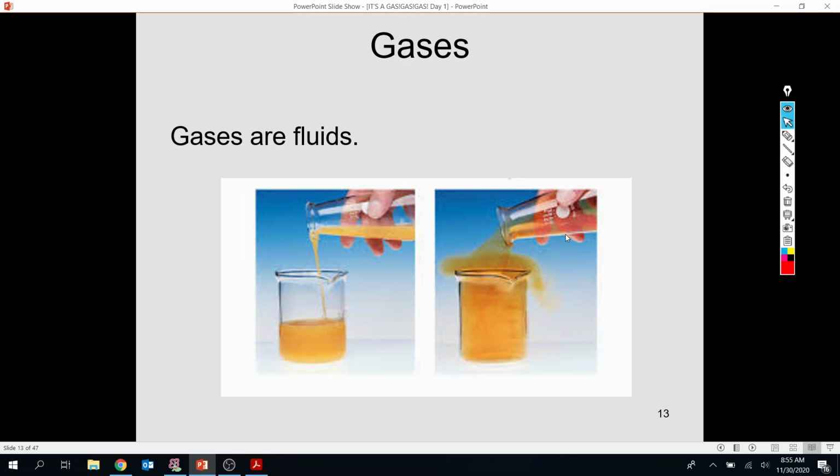Here you can see a gas that's slightly heavier than the air, and so it is able to be poured out of this flask in the same way that a liquid is. It's filling this beaker and then overflowing and pouring down onto the counter in the same way that a liquid would. So gases are fluids. Fluid being a liquid or a gas, anything that can flow is a fluid. My street name is Fluid because I float.